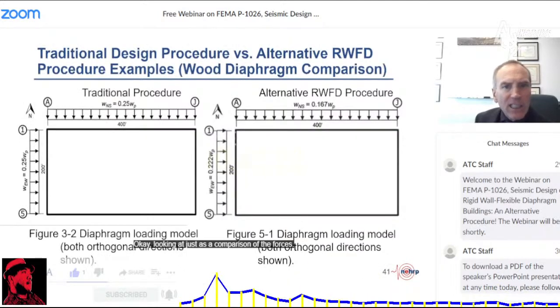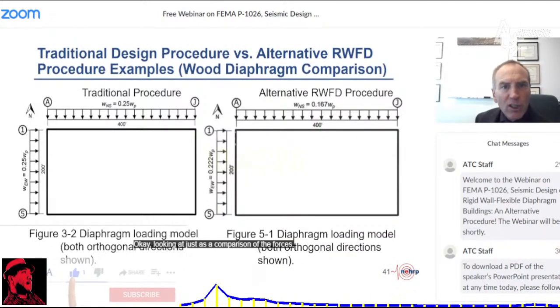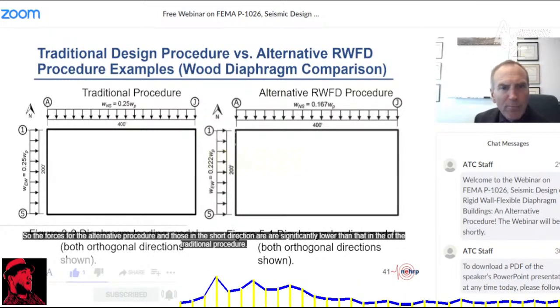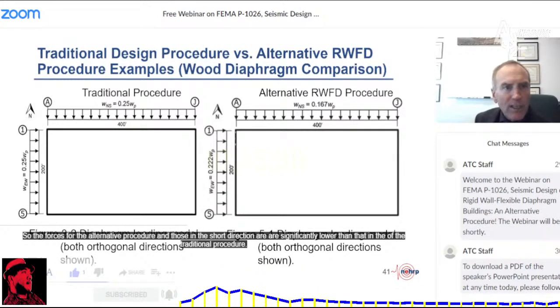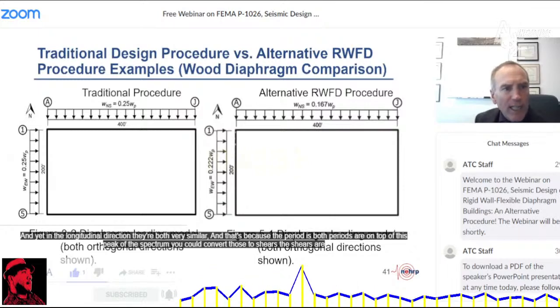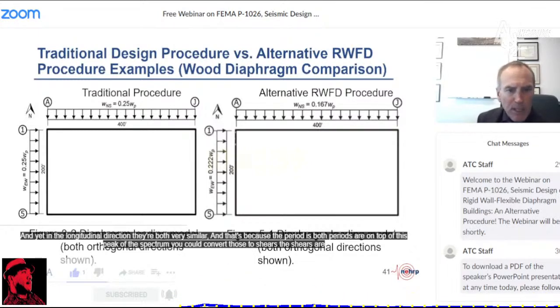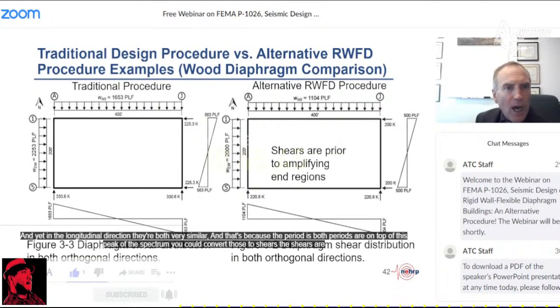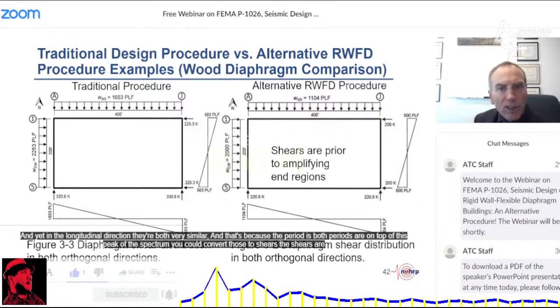Okay, looking at a comparison of the forces. The forces for the alternative procedure in the short direction are significantly lower than those of the traditional procedure, and yet in the longitudinal direction, they're both very similar, and that's because both periods are on top of the peak of the spectrum. You convert those to shears.